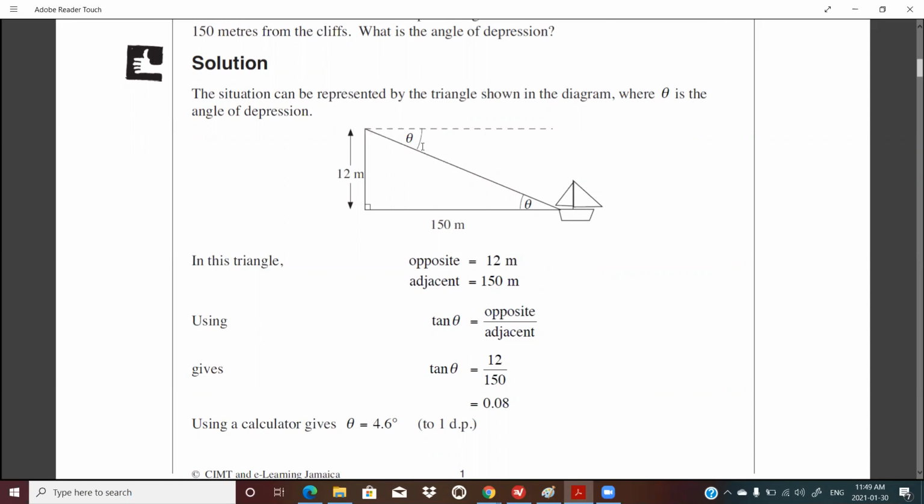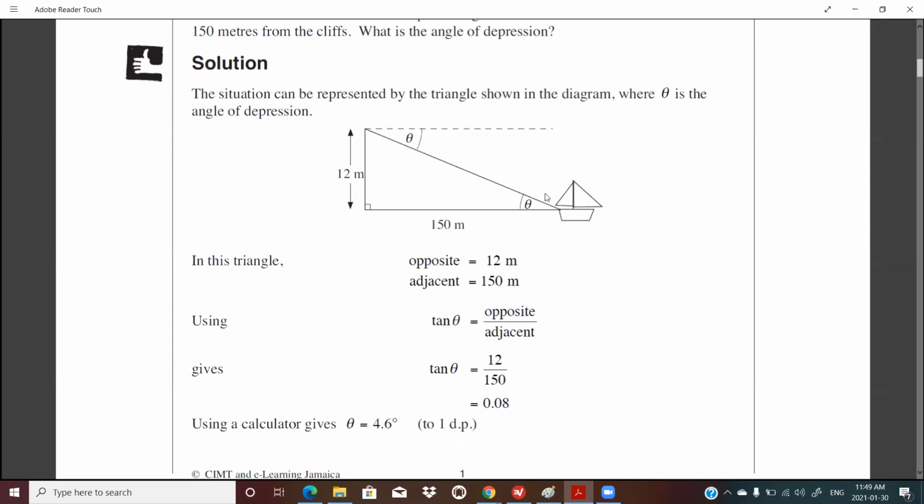Now, this 150, as it relates to this marked angle, is your adjacent, and then the 12 meters, if you measure from here to here, is your opposite.